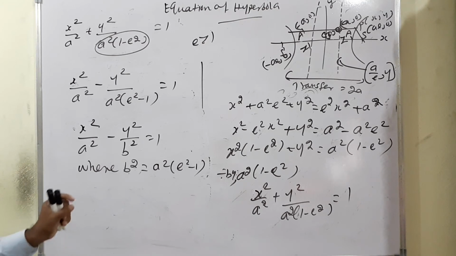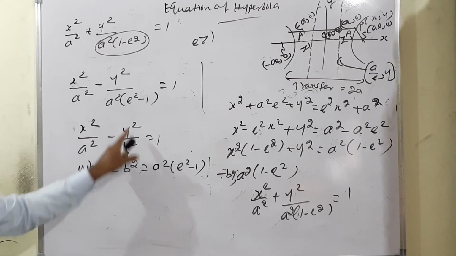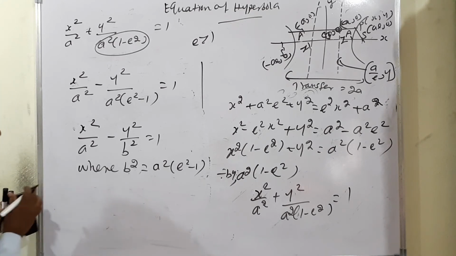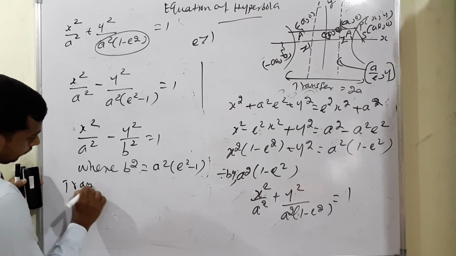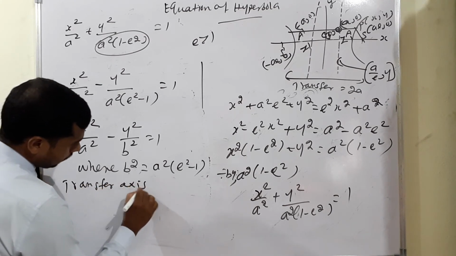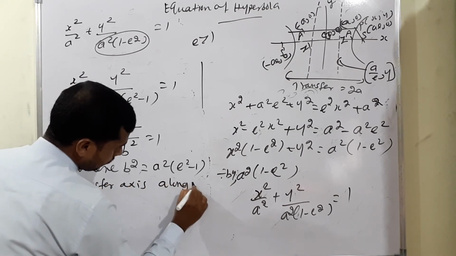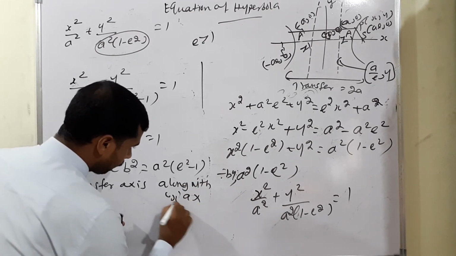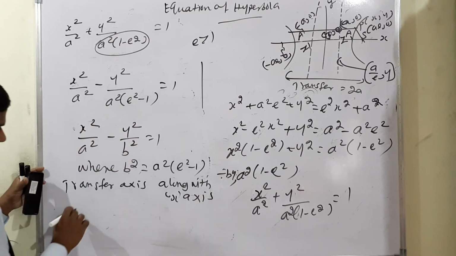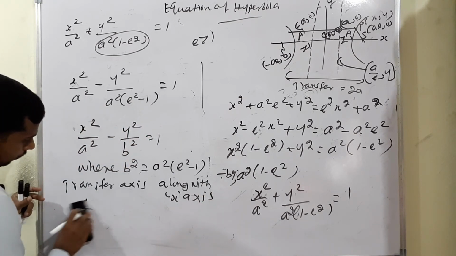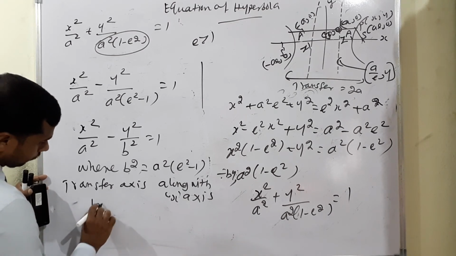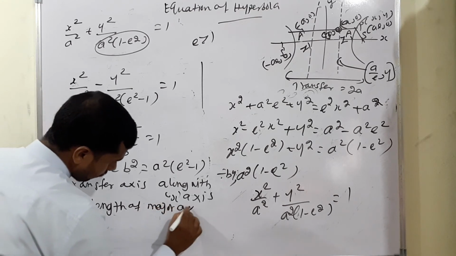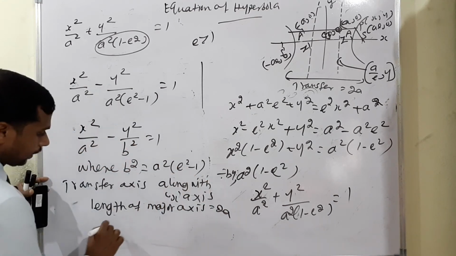So we proved also the equation of hyperbola: x square by a square minus y square by b square is equal to 1. Now some important points. Transverse axis along with the x axis means the length of major axis equal to 2a, as well as the conjugate axis.